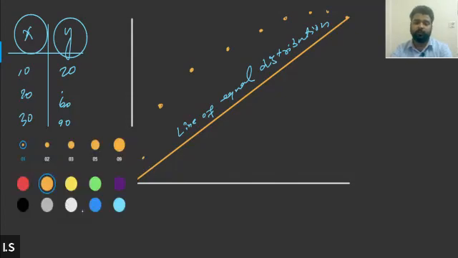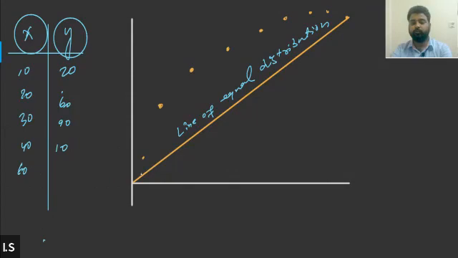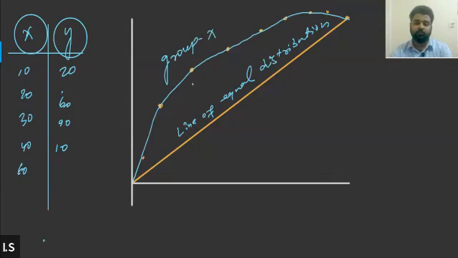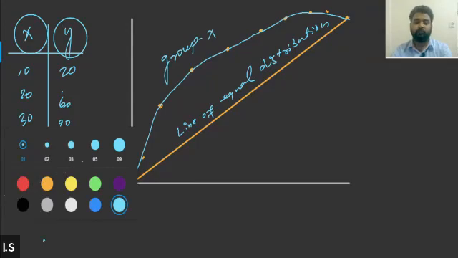And after plotting all the values, we connect all these points through a curve. So this is basically the graphical representation of the values of the x variable. I will write down group A or group X. This line indicates the values of group X, and similarly I have to plot the y variable as well.